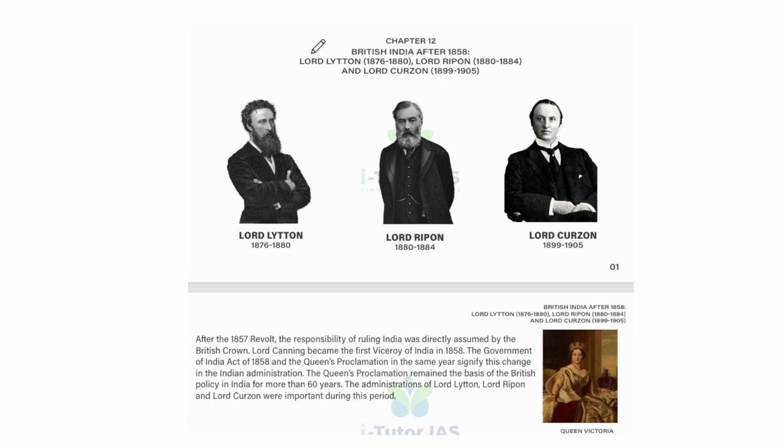And princely states, the British abandoned the doctrine of lapse and the policy of annexation, guaranteeing the independence of over 560 princely states as long as they accepted British sovereignty. So these are the key administrative changes that happened in British India after 1858.